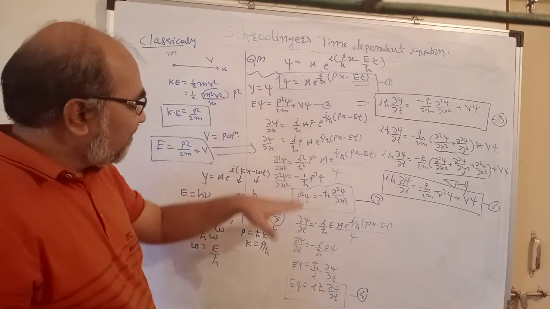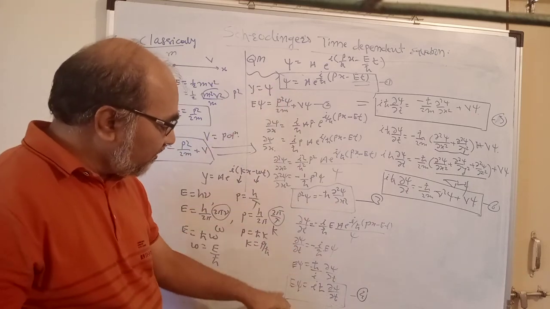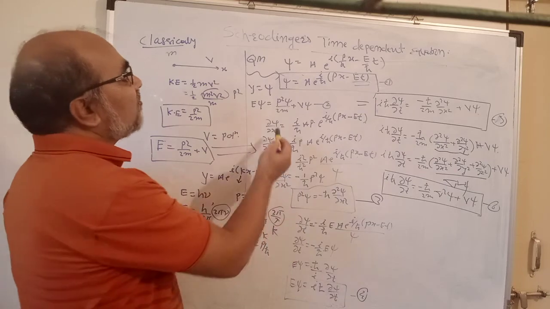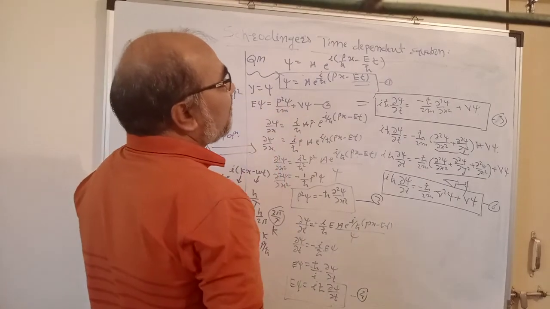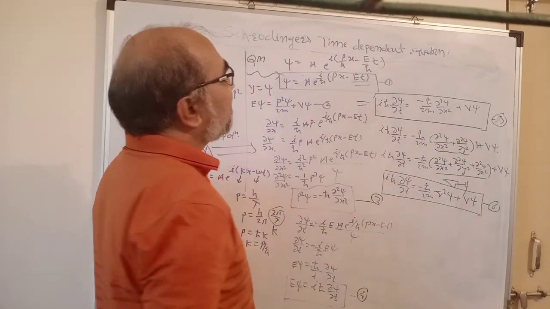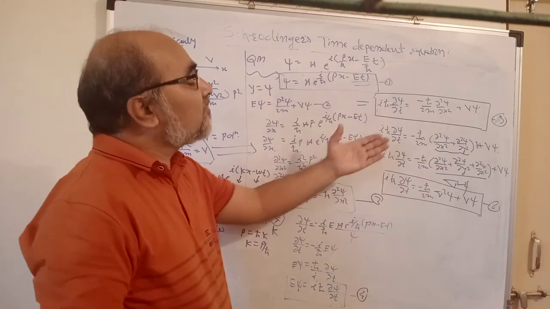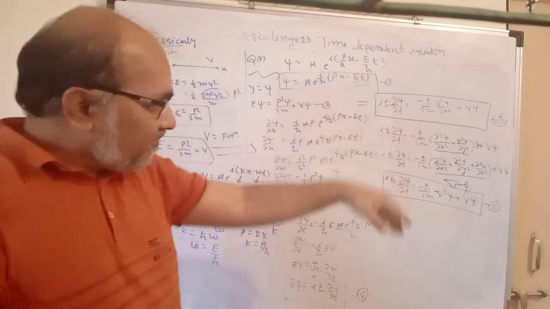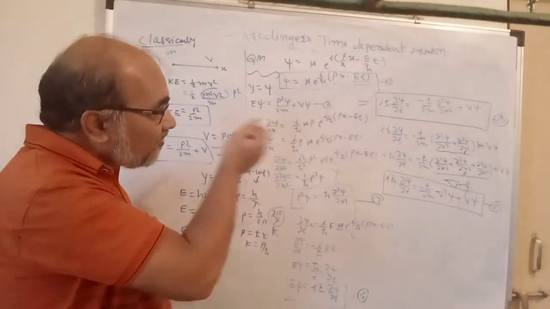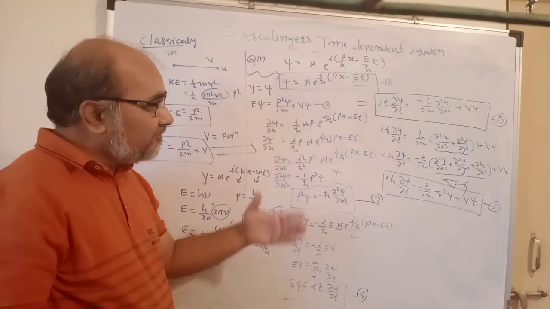In the same equation, when we differentiate with respect to time, we get the Eψ. Putting these values of p²ψ and Eψ, we get this equation, that is iħ ∂ψ/∂t is equal to minus ħ²/2m ∂²ψ/∂x² plus Vψ. So this is the Schrödinger's equation in one dimension.